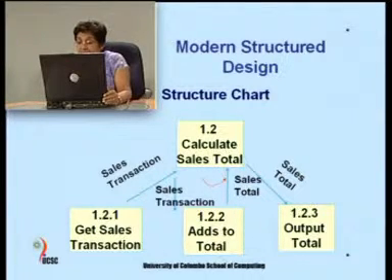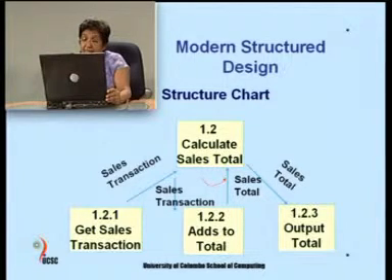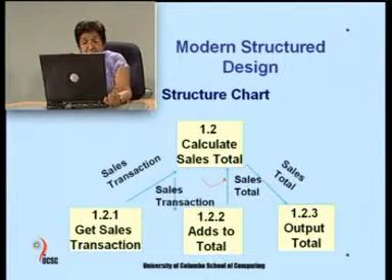1.2.3 output total. So, you can see that we said when you modularize or when you break into components, these modules or components should deal with as much as possible only one function. If you look at this module called get sales transaction, basically it does only one thing. It accepts the sales transaction details into the system.